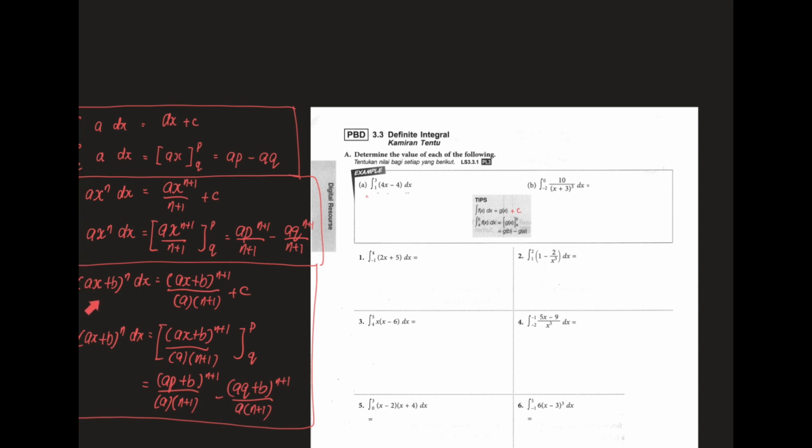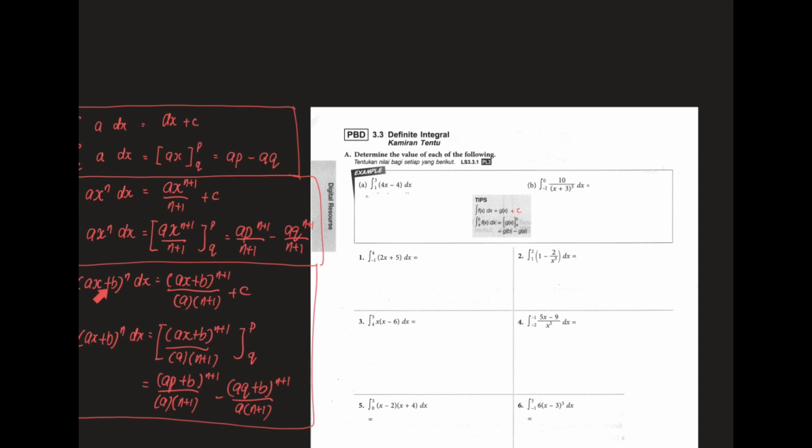Or should I integrate it by using the third formula, where I take this as, you see nothing outside of the bracket, so I take that as power 1. So which one is correct? Actually both are correct. So you can integrate one by one, or you can integrate everything straight away by using the third formula.